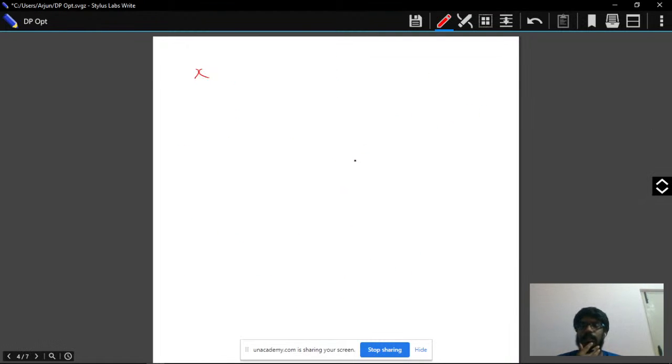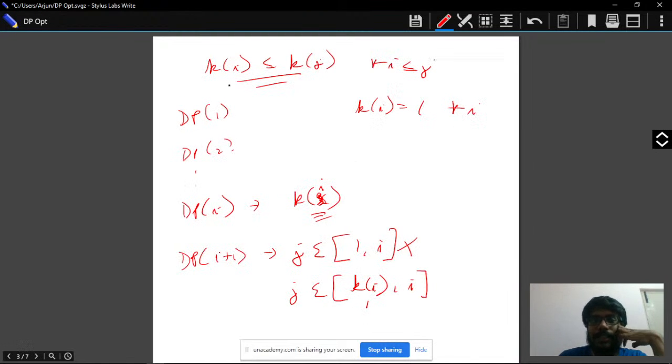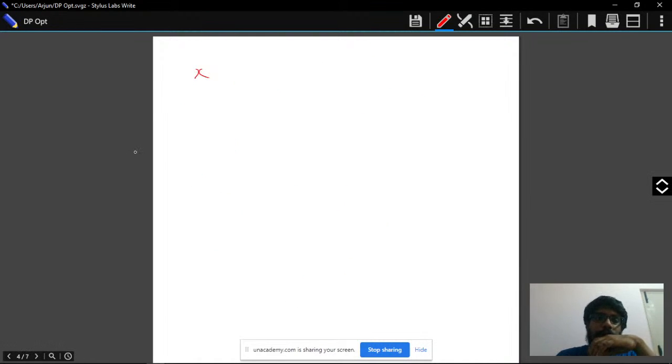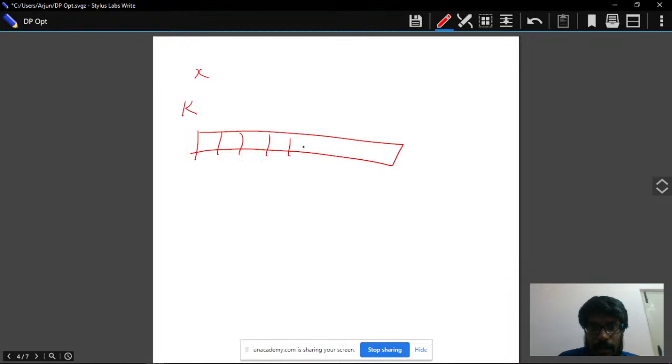So why is this perspective nice? Let's go back and see what this says. This says that k of i is less than or equal to k of j for all i less than or equal to j. Assume I found everything, assume I'm at the end of my algo, then consider this array k where I'm storing k of i for all i.